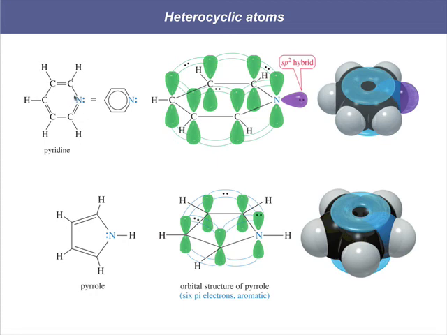We do not need those electrons, so they are free to react. So pyridine, very basic. Pyrrole, not basic at all. The question is just, what is the role of the electrons? If the electrons are required for the molecule to be aromatic in the first place, they're going to be non-reactive. Otherwise, they will be reactive like normally.